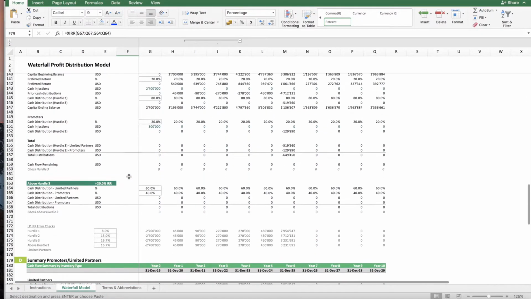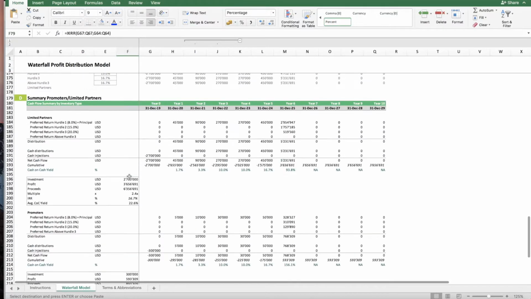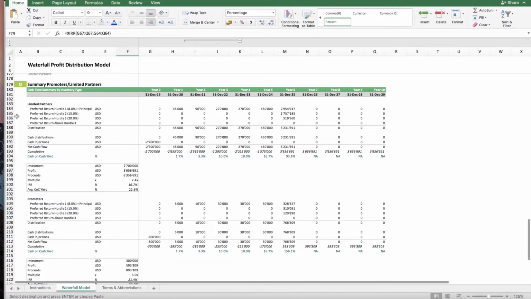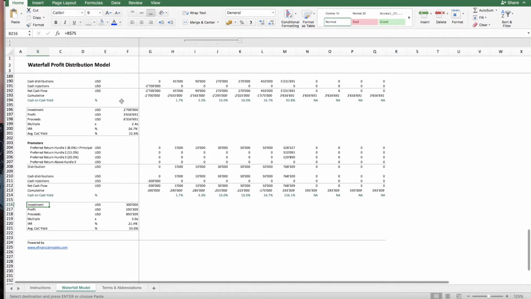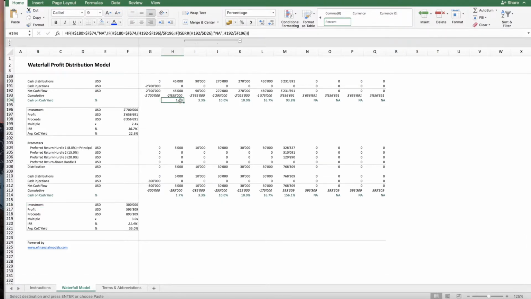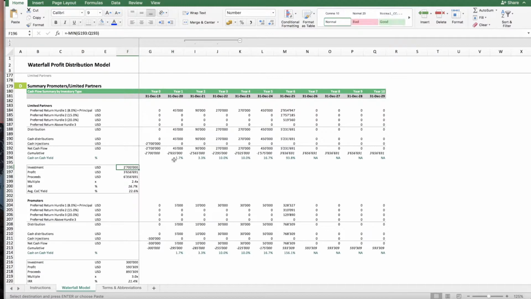So that's the reason. Then the model seeks to summarize the cash flows for the view of the limited partners and also the view of the promoters. We also look at the cash on cash yield, meaning the annual cash yield received in relation to the investment.